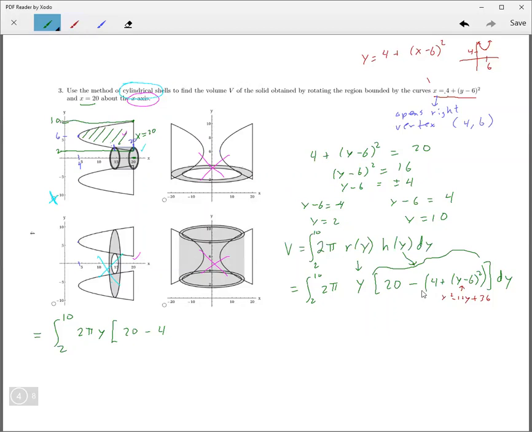Okay, so if we distribute the negative sign in, then we have a minus 4. We have a minus this, minus y squared, minus a negative 12y, so that's going to be plus 12y, and then minus 36. So that becomes all of that.